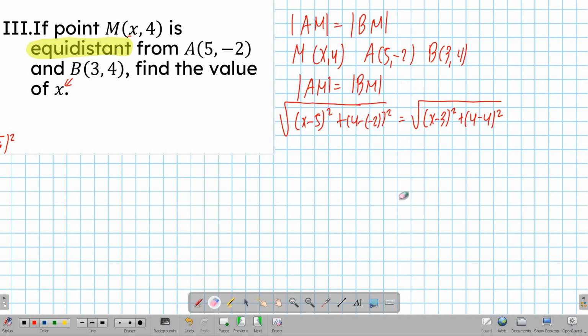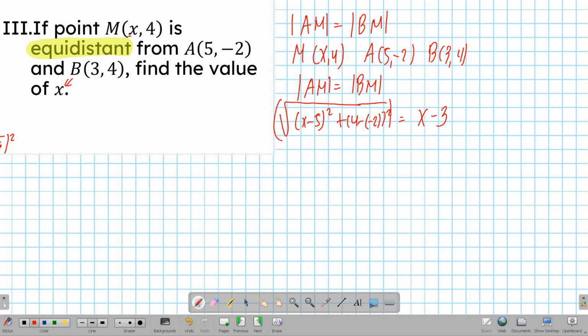So we can actually just simply erase this. Although masisimplify yun, we can just simply have this as x minus 3. That's your B and your M. So then we solve for this equation for the value of x.